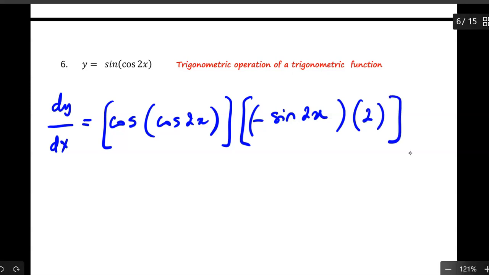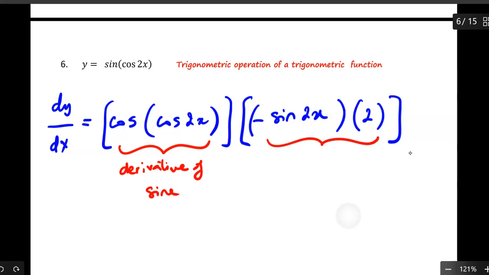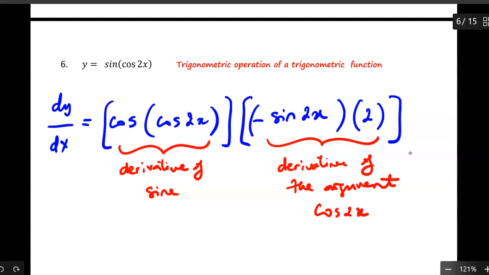So right here is just the derivative of sine, and this here is the derivative of the argument, which is cos of 2x. Okay, so keep that in mind so we don't repeat ourselves and do the wrong step.